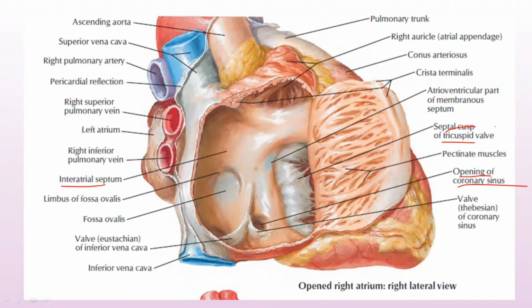So they are located at this level. Above the attachment of septal cusp of tricuspid valve, in the lower part of interatrial septum and near the opening of coronary sinus. So this is about the location of the AV node.